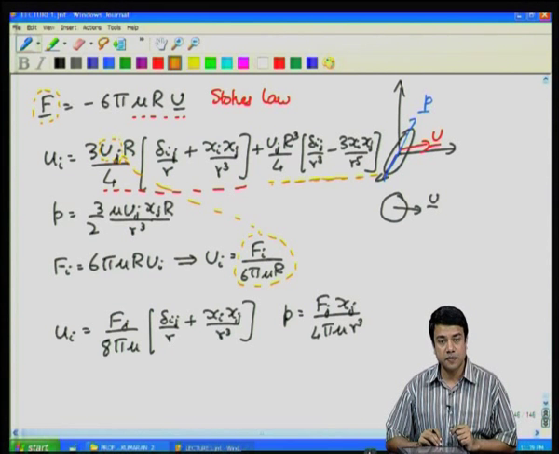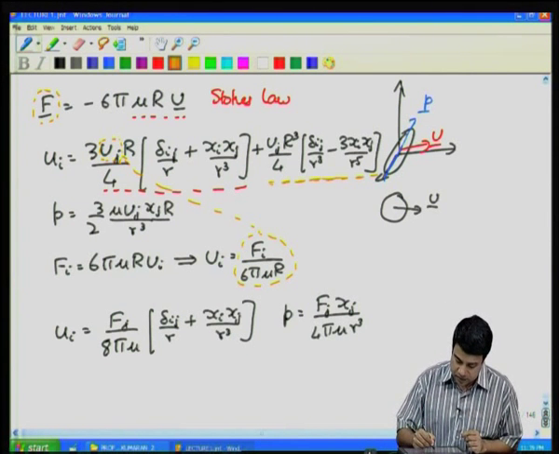Now, in the resulting expressions for the velocity and the pressure, as you can see, there is no dependence upon the radius of the object, capital R. When I expressed it in terms of the velocity of the object, there was a dependence on the radius of the object. When I express it in terms of the force, there is no dependence on the radius. That dependence would have come in if I had retained this second term here.